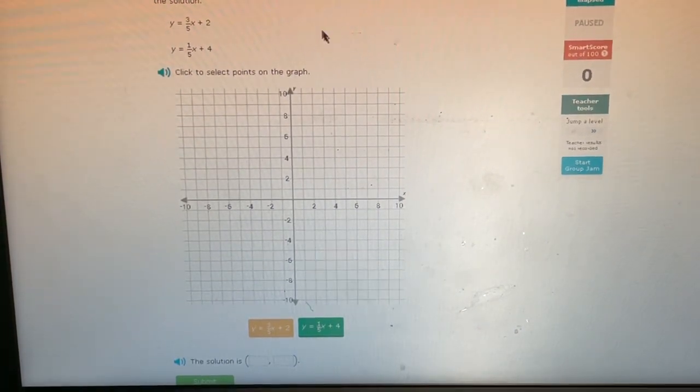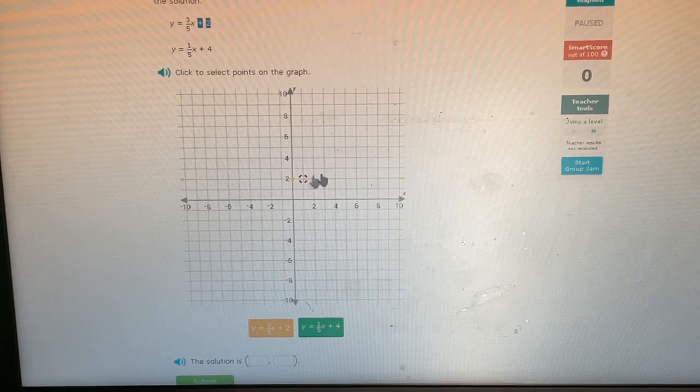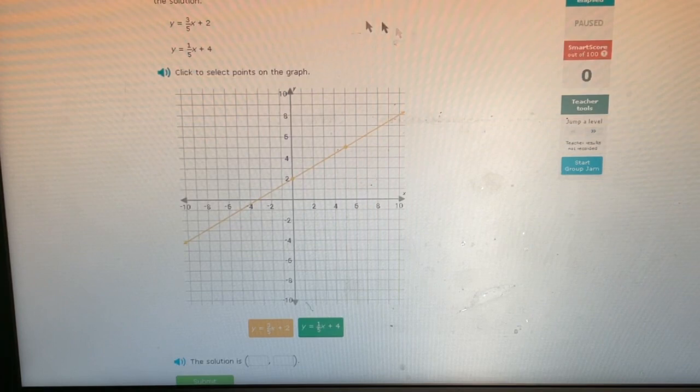And so again, just like I've been doing, use that y-intercept. So I have positive 2 as the first point. And then notice again, I have to graph another ordered pair. So use that slope. I have 3 over 5 means I go up 3 and to the right 5. And I can graph that line for that equation.